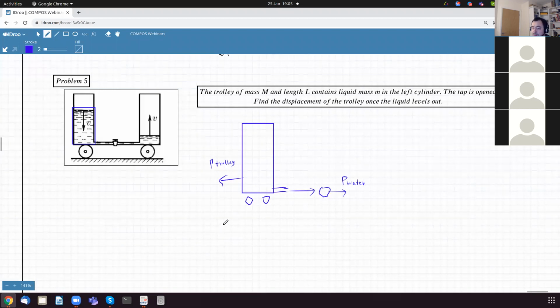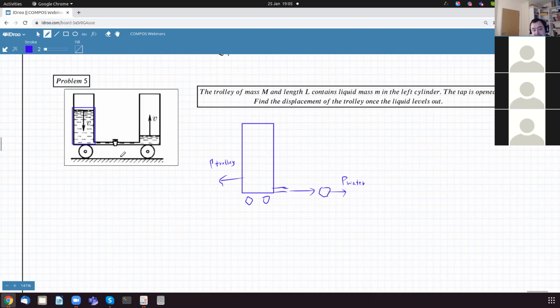Okay, conservation moment. So we understand why we would expect the trolley to start moving. Now the problem is that it won't move very far, because first of all, the water level will level out and it will stop moving.